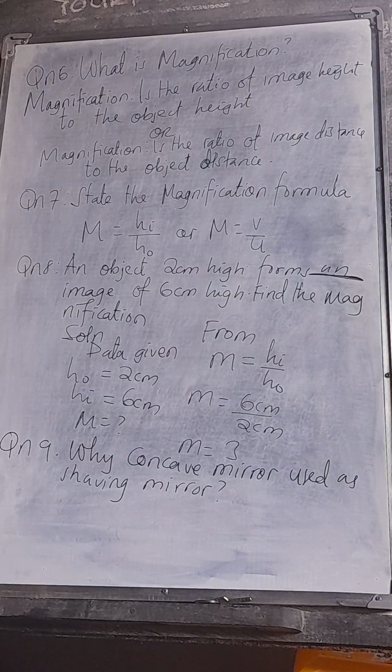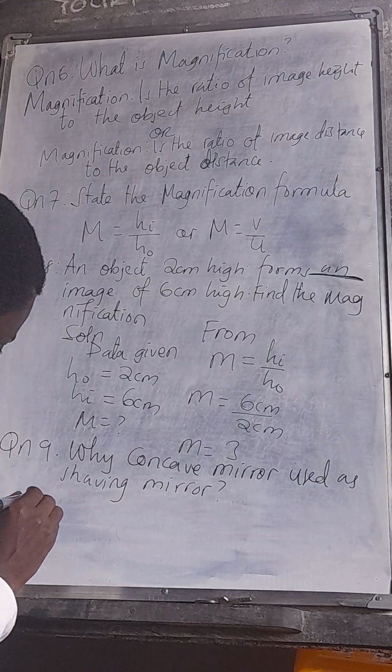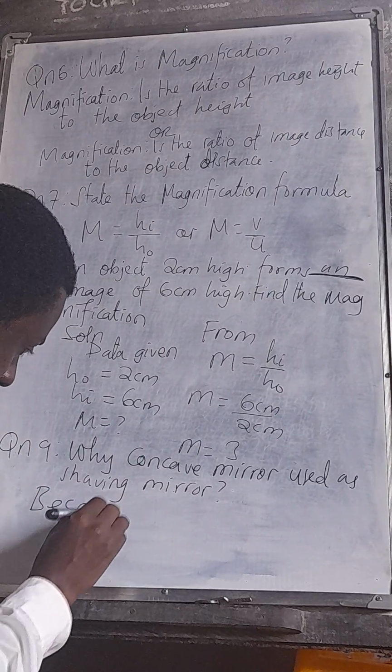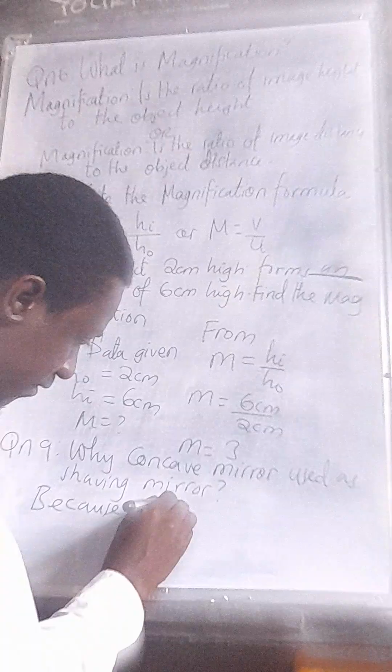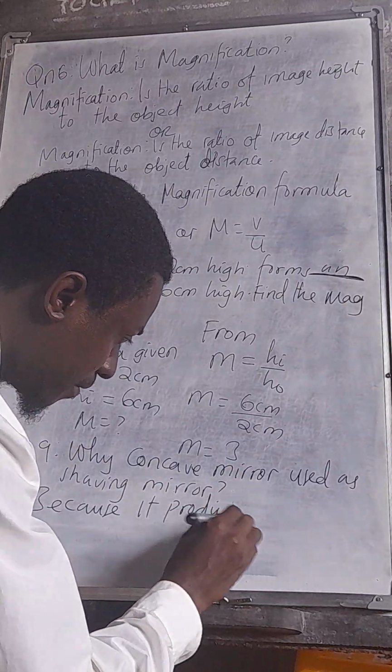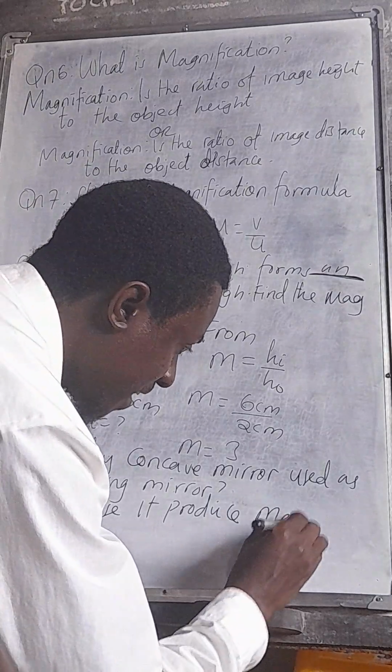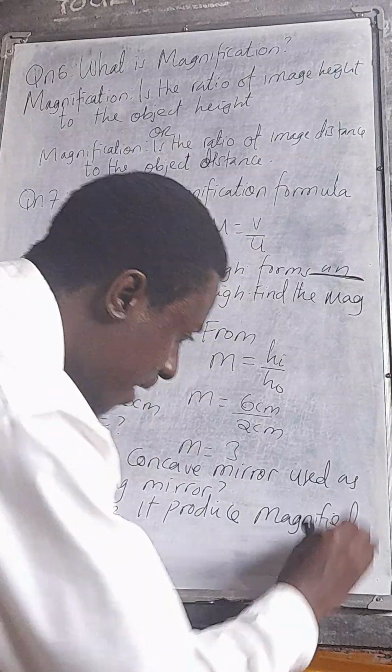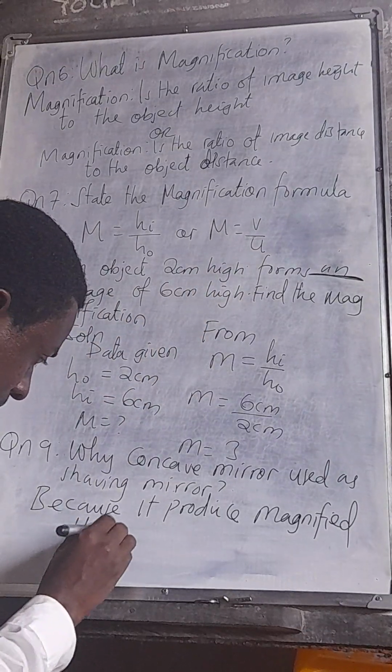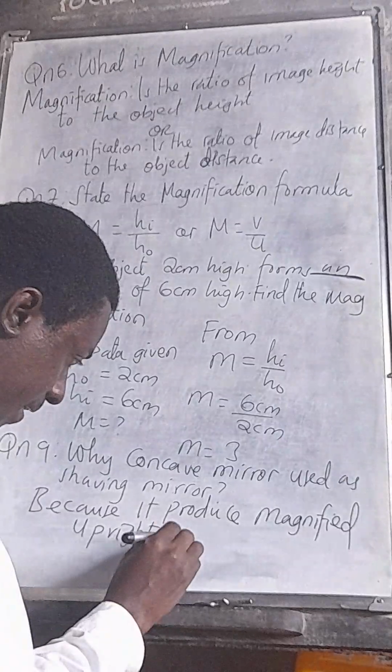So now let's see the reasons why the concave mirror is used as a shaving mirror. We say a concave mirror is used as a shaving mirror because normally the concave mirror produces a magnified upright image.